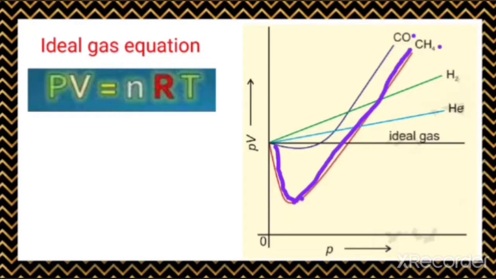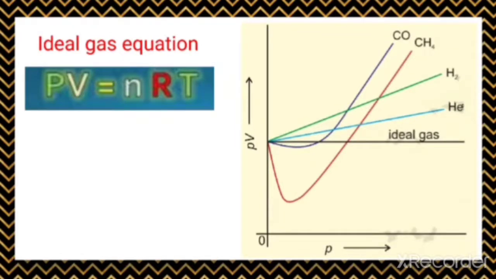So two types of deviations are shown here: negative deviation here and positive deviation here. Real gases show either positive or negative deviation from the ideal gas plot. That means real gases show a deviation from the ideal gas that we need to discuss here.